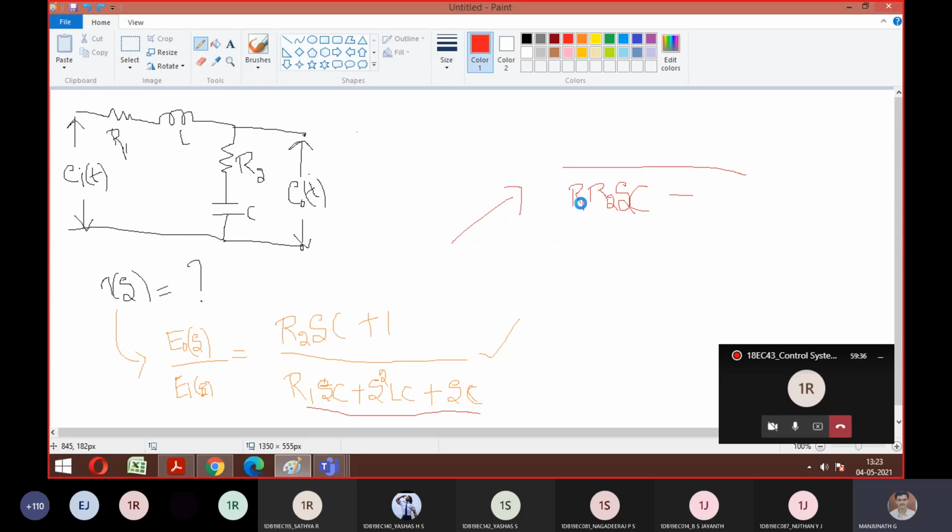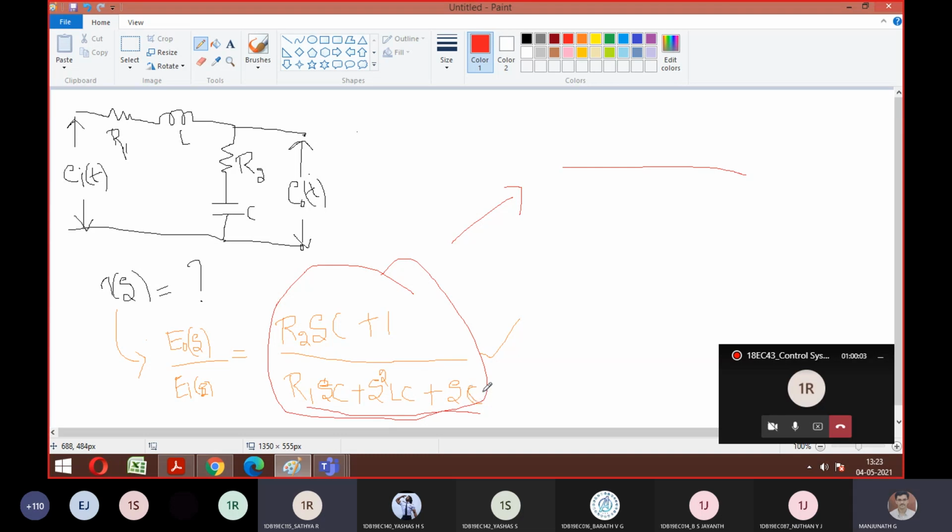No, you tell me the full answer. The denominator is R1 SC plus S square LC plus R2 SC plus 1.